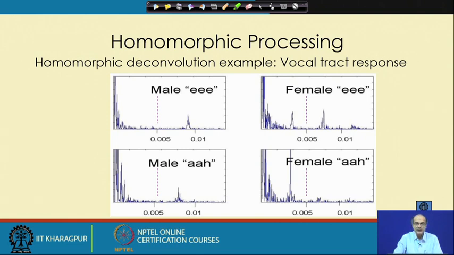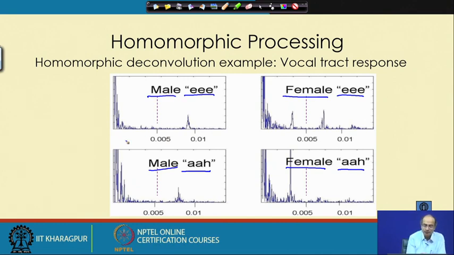Okay. To show the example of what we have done, first we have taken male speech, and two vowels are uttered, first E, next A. Again for the same two vowels E and A, we have taken the female speech, and we are going to the Cepstral domain in all these cases. So, when we look at the E for the male speaker, we get the Cepstral coefficients on the y axis.